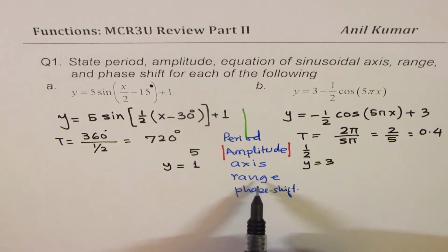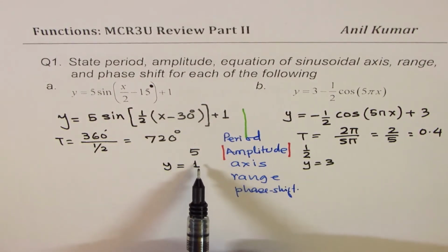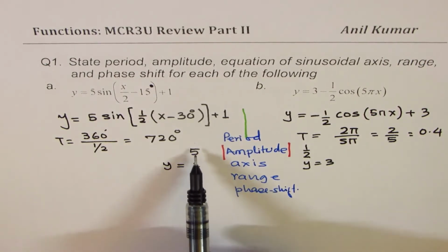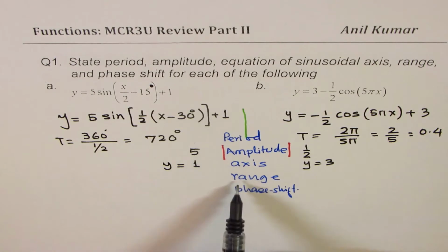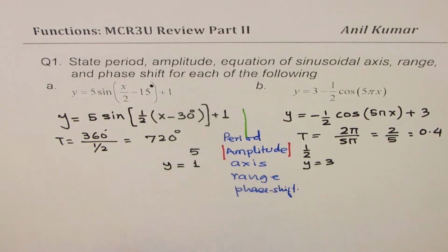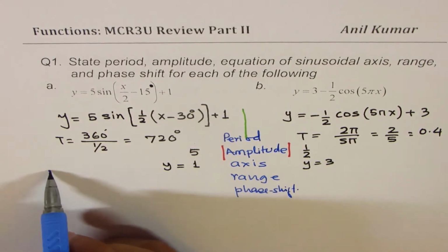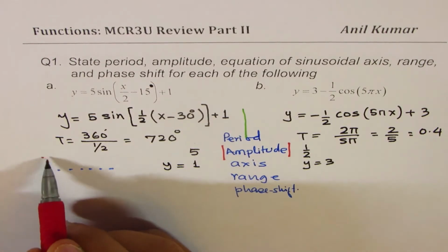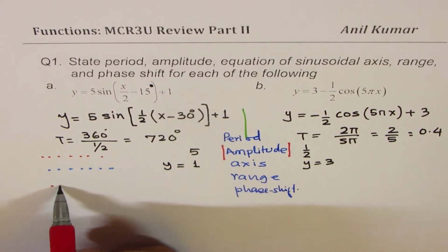Range. Now range basically is from the axis how far you go. So you go 5 units up and 5 down. And therefore, we are looking at maximum and minimum. So when we talk about range, we are talking about how far you go from the axis. I hope you get this point. The idea here is if you draw a sine wave or a cosine wave, if this is the axis, in that case, the maximum you can go is 5 up and 5 down.